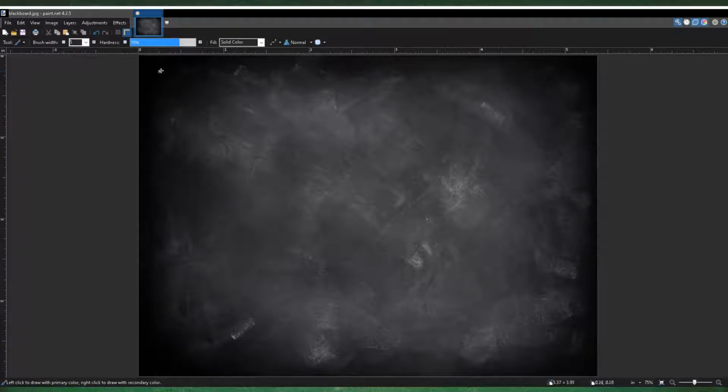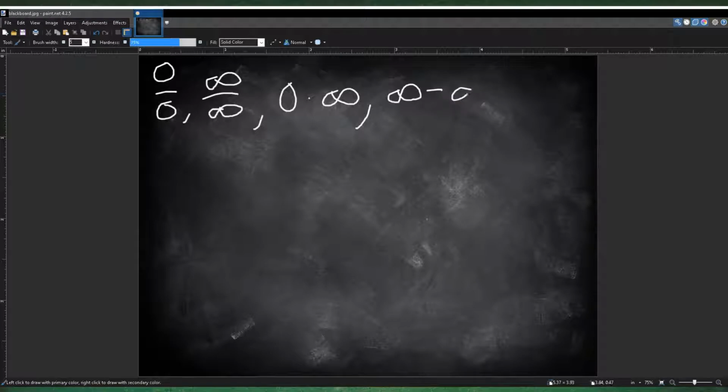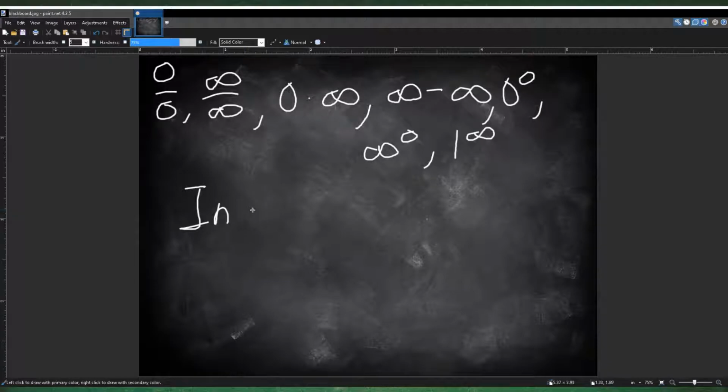The only indeterminate forms are 0 over 0, infinity over infinity, 0 times infinity, which is basically the same as infinity times 0, infinity minus infinity, 0 to the power 0, infinity to the power 0, and 1 to the power of infinity. These are the only 7 cases.